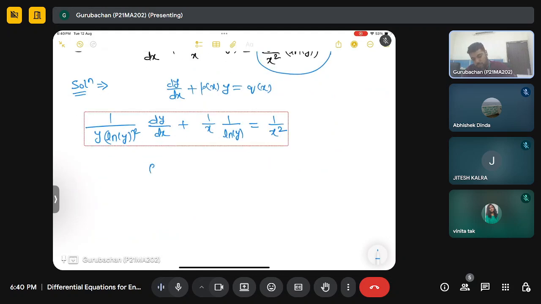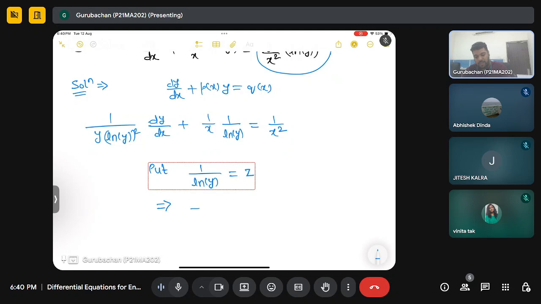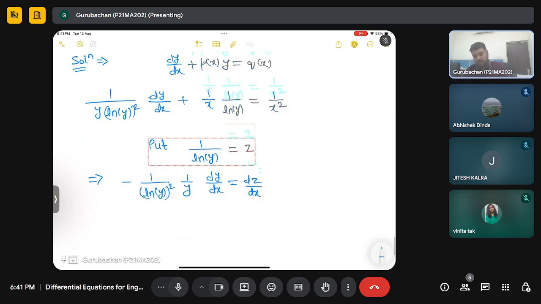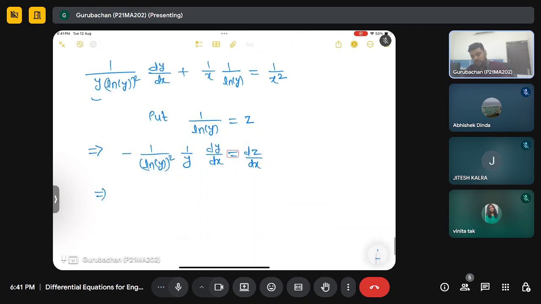Now if you put 1 by ln y equal to some new variable z, you will get minus 1 by y ln y square into dy by dx equal to dz by dx by the chain rule. If you remove the negative sign from this equality, you will get the highest term of this differential equation.